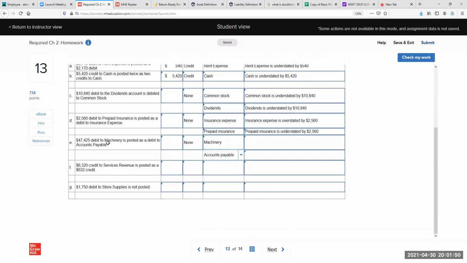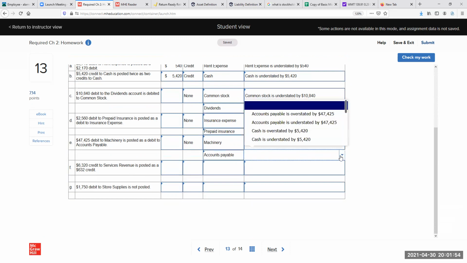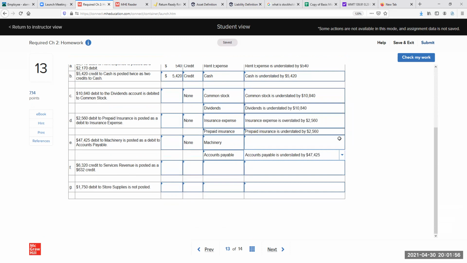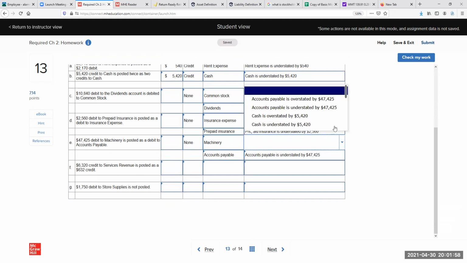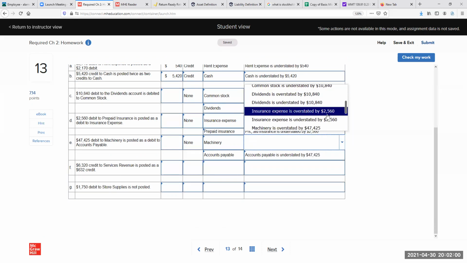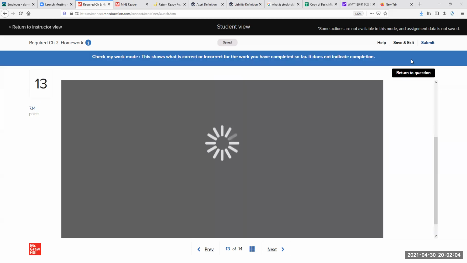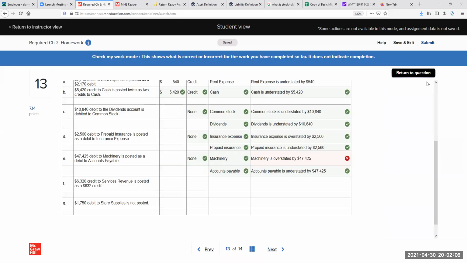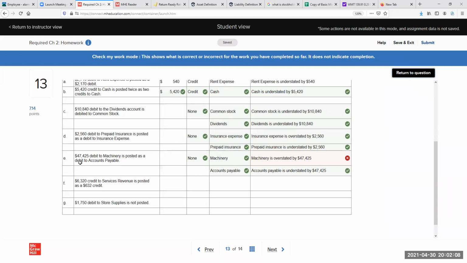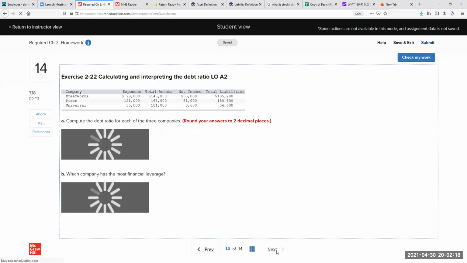There we go. Debit to machinery as opposed to debit to accounts payable. So this is understated and machinery is overstated. So let's check our work. Oh, it's understated because I thought he added too much. So now you know what to do with that one.